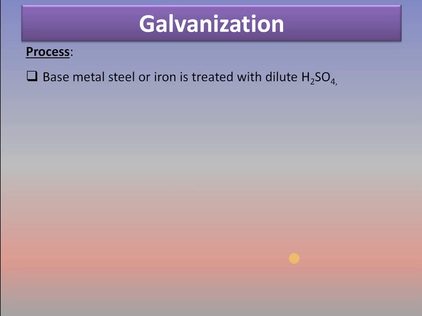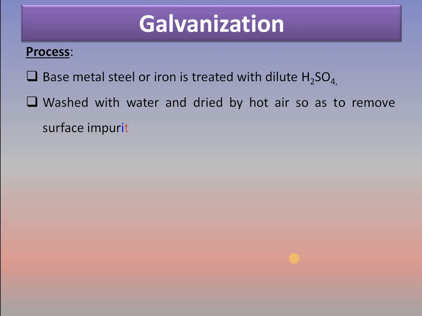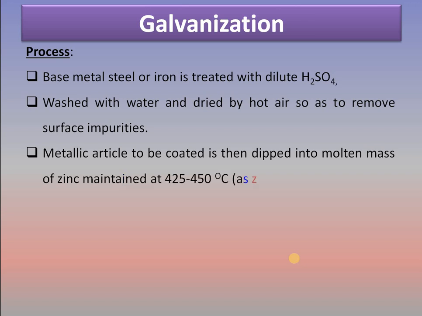The base metal, that is steel or iron, is treated with dilute H2SO4. Then it is washed with water and dried by hot air so as to remove surface impurities. Further, the metallic article, either iron or steel, is dipped into a molten mass of zinc maintained at 425 to 450 degrees Celsius, because zinc has a melting point of around 419 degrees Celsius.